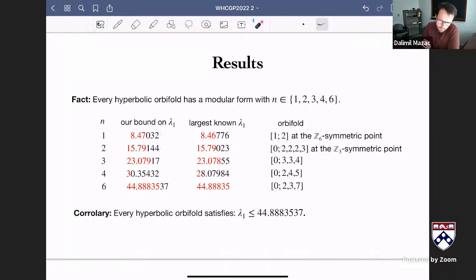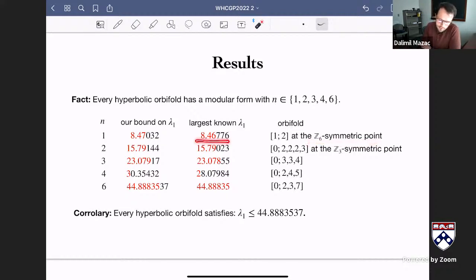For example, for n equals 1, our bound is about 8.47. And you can compare this with the largest lambda1 that can be found for an orbifold which contains a modular form of weight 2, or n equals 1. And this seems to be the torus with one Z2 puncture at a special point in the moduli space.